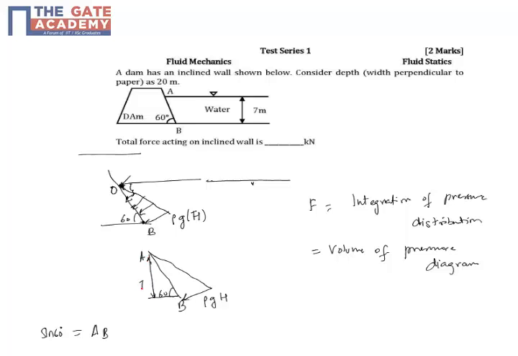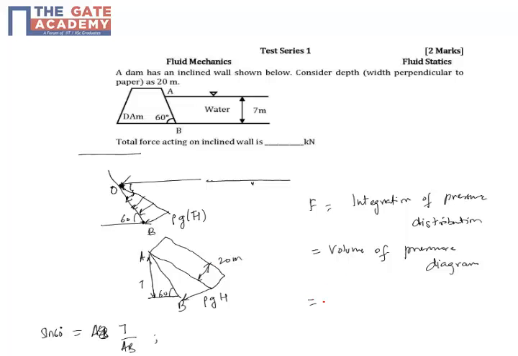Sine 60 is opposite by hypotenuse, so sine 60 equals 7 by AB. So AB can be found from this, and this height is rho g h. Perpendicular to the width, it is 20 meters. So you have a cuboid, and the volume of this cuboid is the total force.